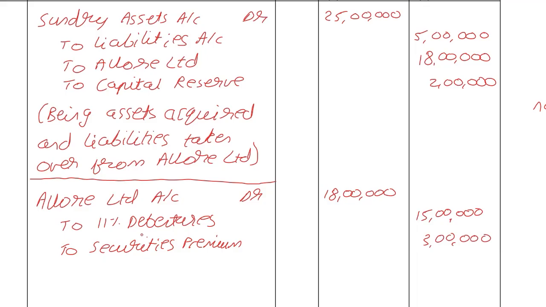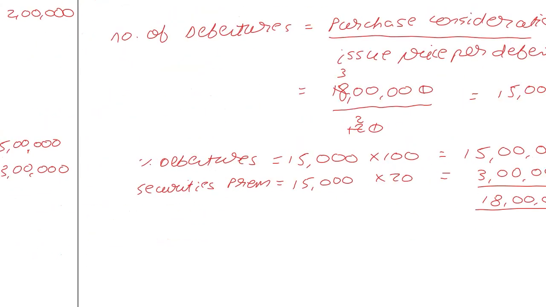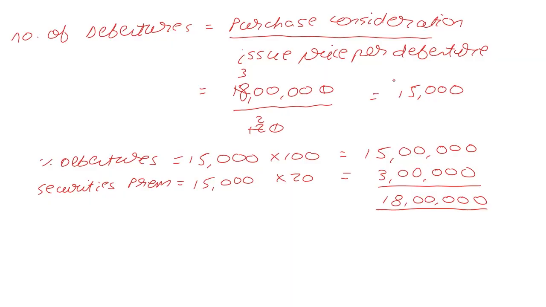And being purchase consideration settled by issuing how many debentures did we decide? 15,000.